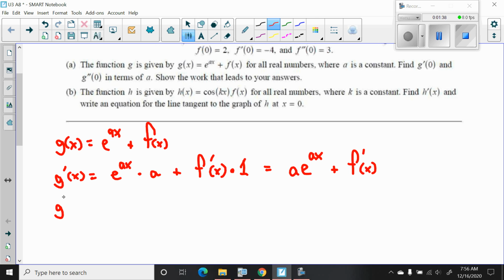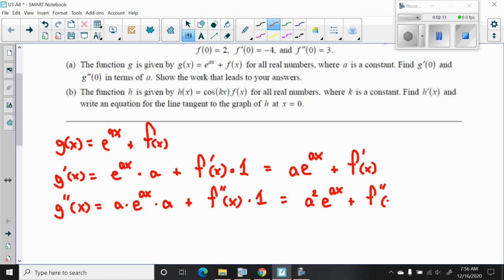And the second derivative would be the derivative of that, which would be a is a constant, so it comes along, times the derivative of e to the ax would be e to the ax times a again, plus the derivative of f prime, which would be f double prime of x. And again, if I were practicing the chain rule, the derivative of x would be times 1. And if we clean this up, this would be a squared e to the ax plus f double prime of x. There we go.